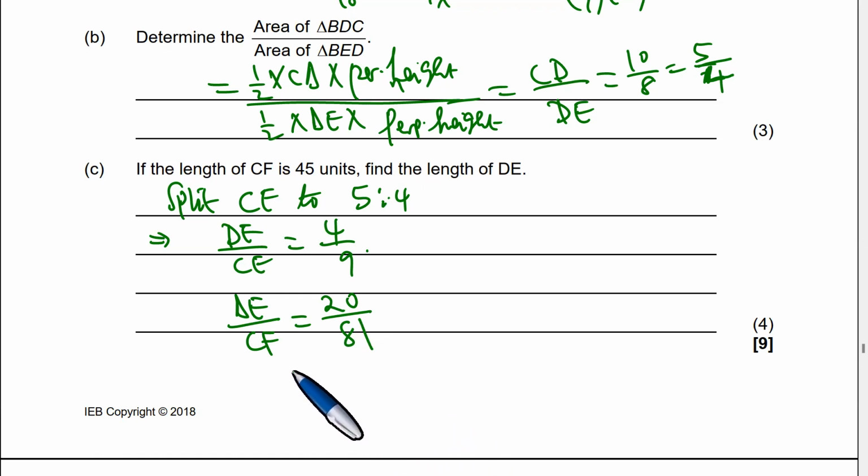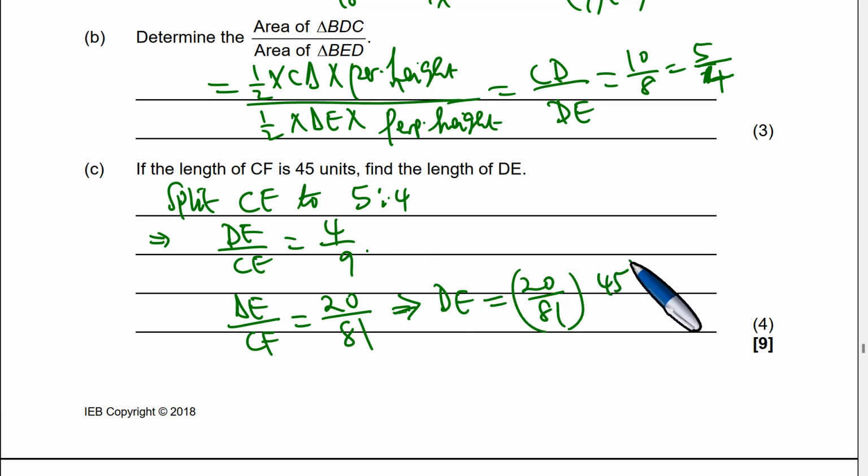Right, from which we're able to find the fact that CF you already know. You can always explain this from those ratios, but now at this point it means DE is going to become, because CF is 45, 20 out of 81 multiplied by 45.